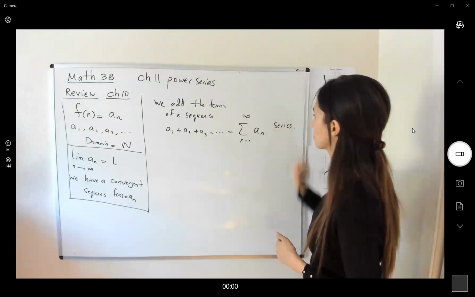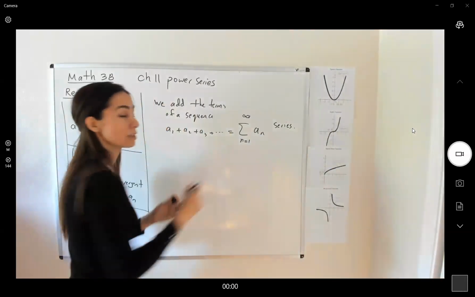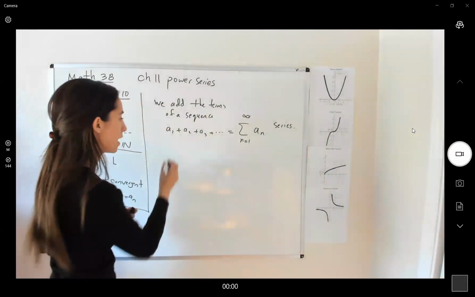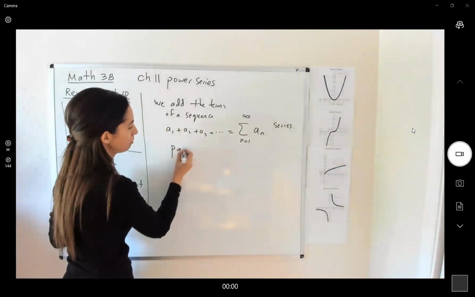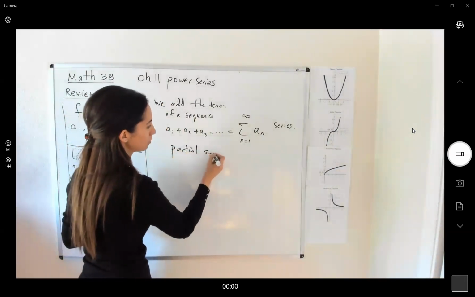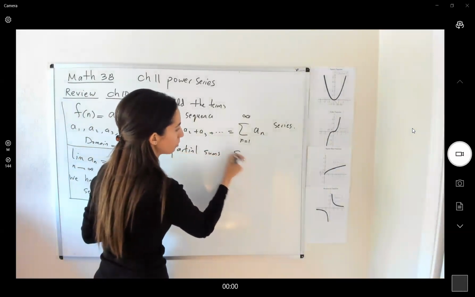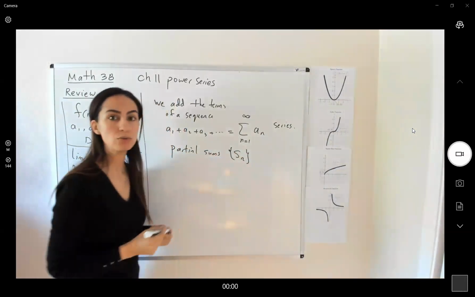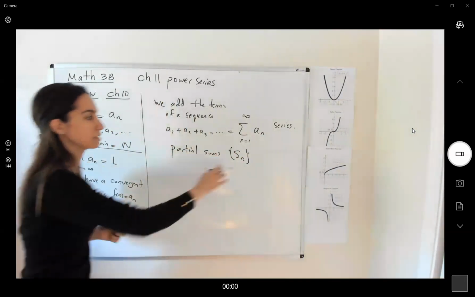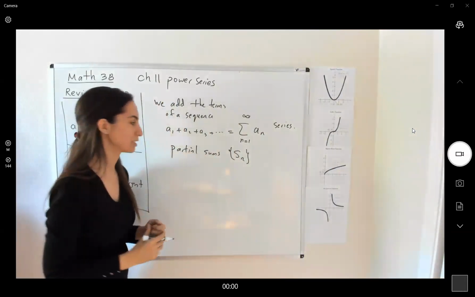The series. We say that a series is convergent if the partial sums S sub n, which form a new sequence, is a convergent sequence.